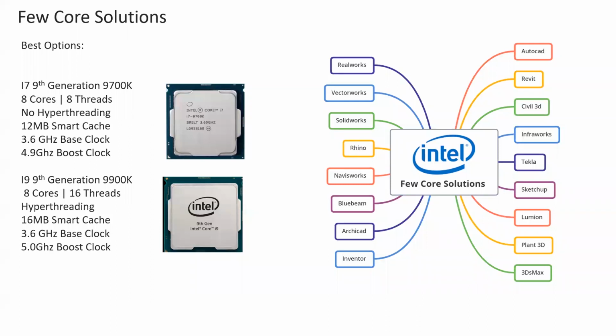When we look at the 9700K versus the 9900K, the reason I recommend the 9900K is that you have hyper-threading. A lot of times when we look at systems, I want y'all to think about the concept of scarcity. Every time we look at a computer, we want to talk about resources. A lot of people in our industry, and I'm guessing a lot of people on this call, are multitaskers. When you look at 8 cores or 16 threads, that sounds like a lot until you start thinking about it. When you turn your computer on, Windows is probably using 1 or 2 of those threads.